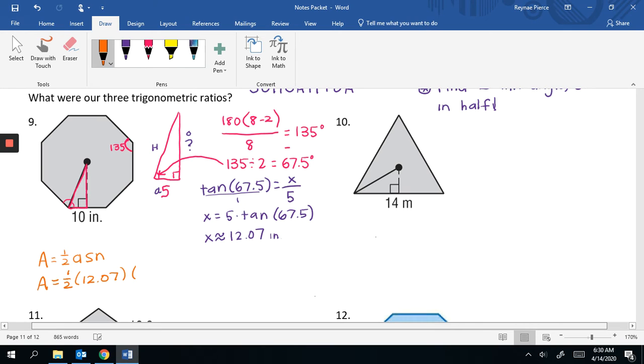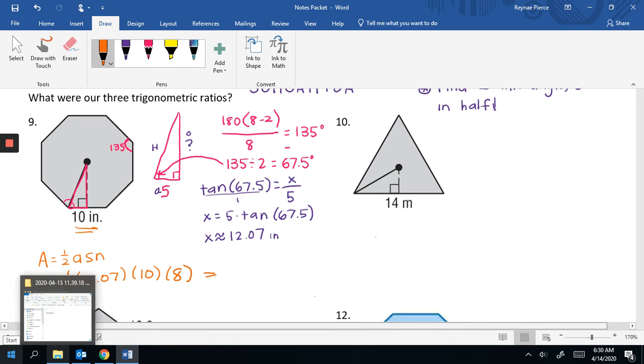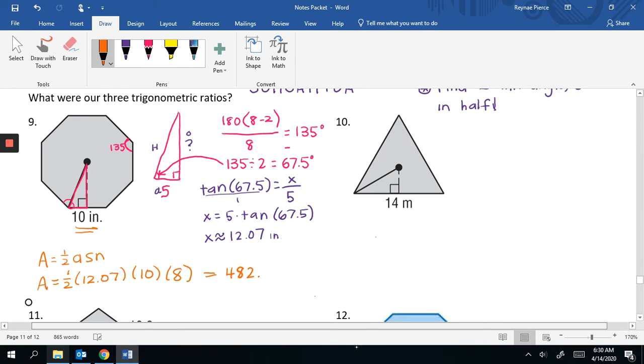The side length is 10, that's what was given to us. And an octagon has 8 sides. So multiplying that tells me that my area is about 482 and 8/10 square inches.